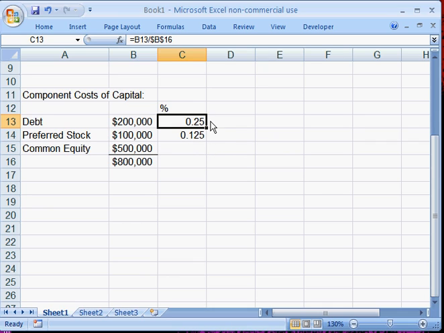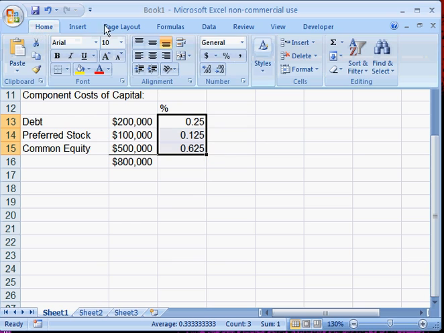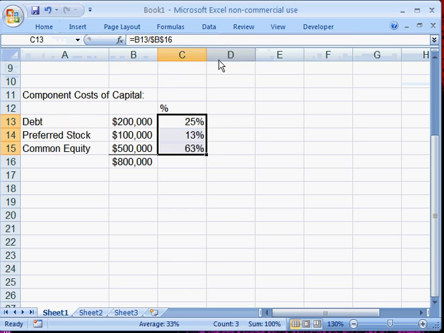And we do the same thing for common equity. If I go back up on my home tab and format those as percentages, we can see debt represents 25, preferred stock 12.5, and common equity 62.5. So that's the weighting part of your weighted average cost of capital.